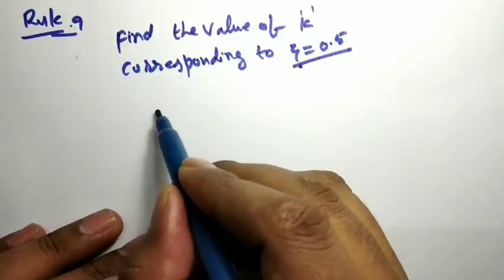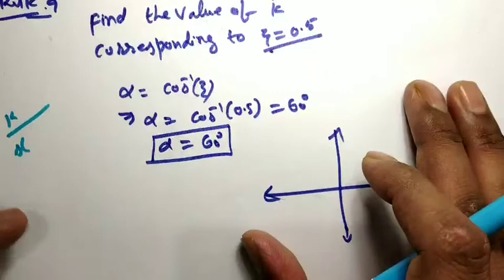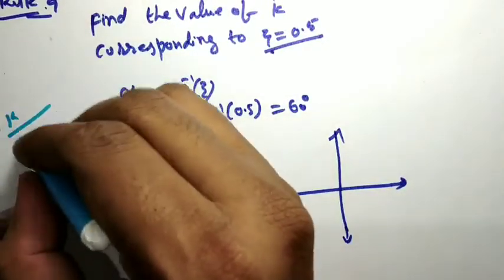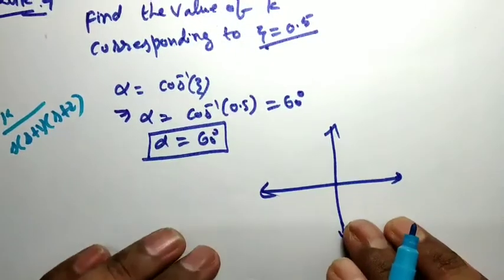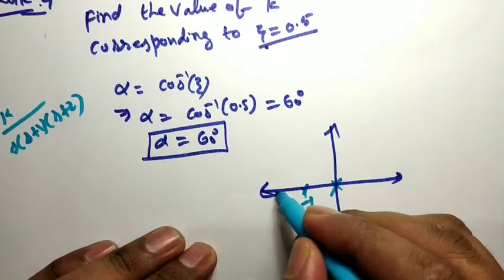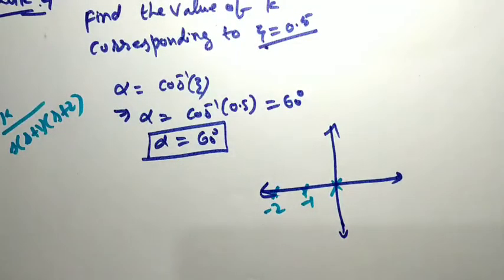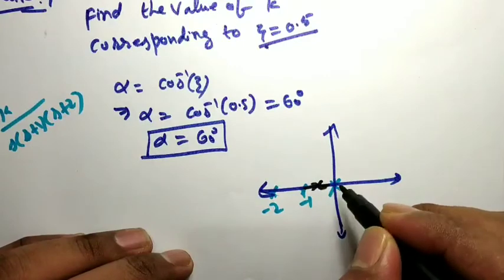You know the equation is 1 plus k by s into s plus 1 into s plus 2. Okay, you know here one root, here one root, and here one root. So you know how the root locus of this is: one root will go this direction, another root will go this direction.